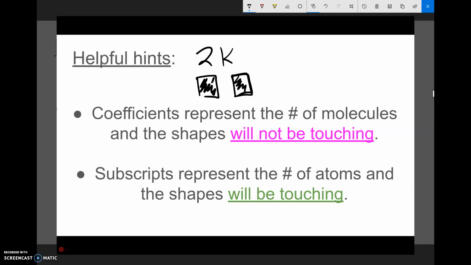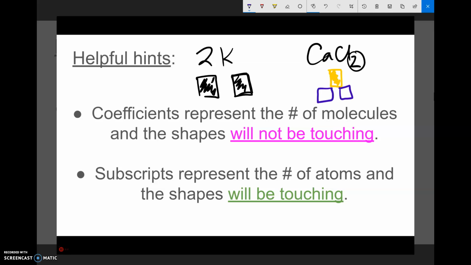If I have subscripts, so for example, let's say that I have calcium chloride, so I've got a subscript right here, then subscripts represent the number of atoms, and if we're drawing shapes, the shapes will be touching. So for example, on this one, let's say our calcium is a yellow color, and let's make our chlorine a purple color.